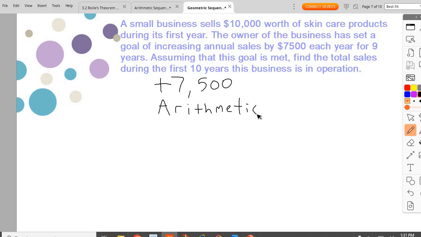So am I wanting to know how much she makes in the 10th year? No. It says total, so what does that tell us? You want to find all of it added together, so we're looking for a sum. So this time we're using our sum formula.